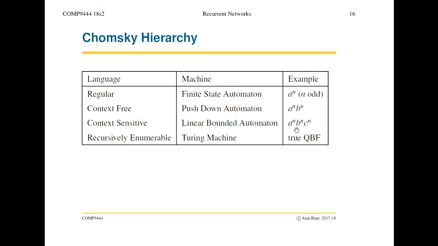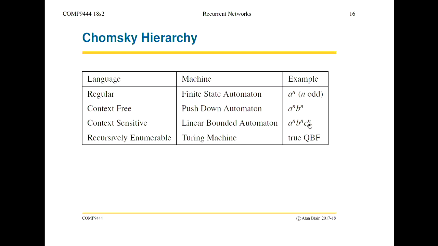And then an example like ANBNCN turns out to not be context-free, but it belongs to a slightly larger class called context-sensitive. And the most general class is called recursively enumerable, and you need a Turing machine to process these kinds of languages.